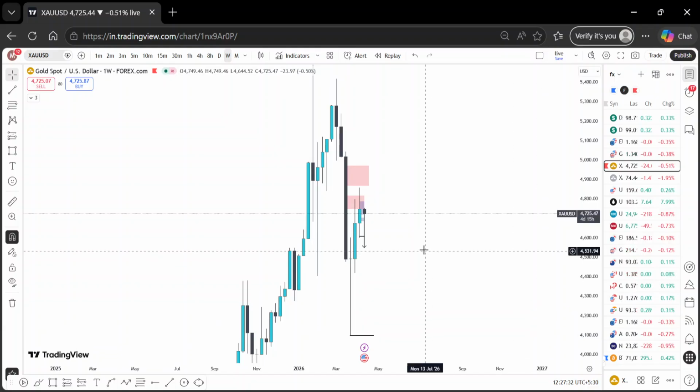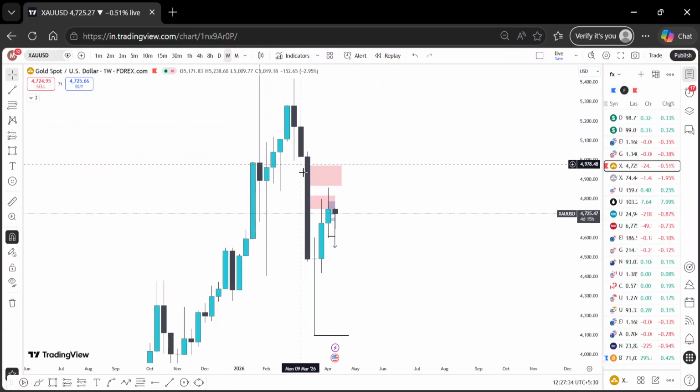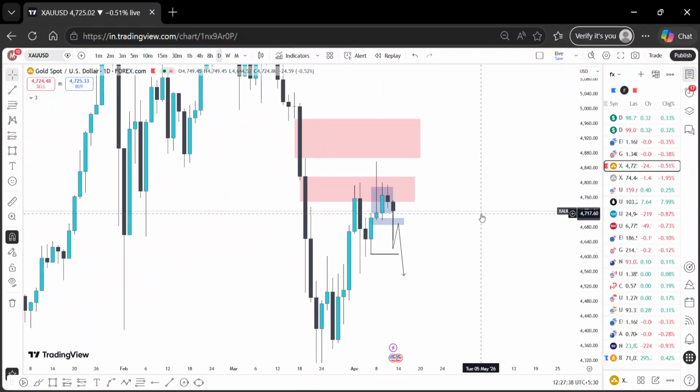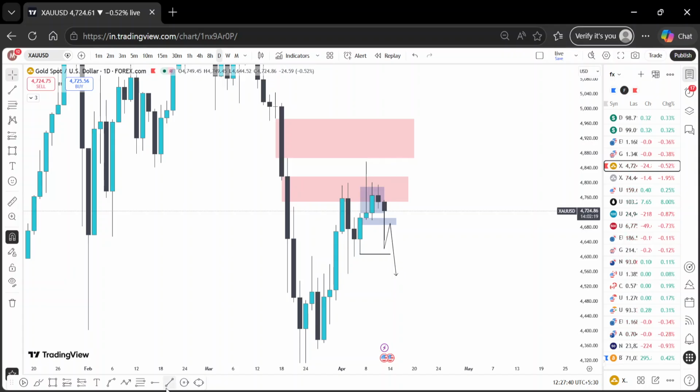gold, we are inside a weekly huge bearish fair value gap. Daily as well, we are inside one fair value gap, and we have already tapped another fair value gap.